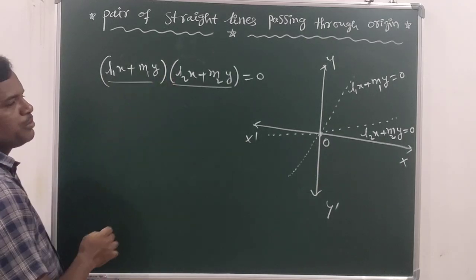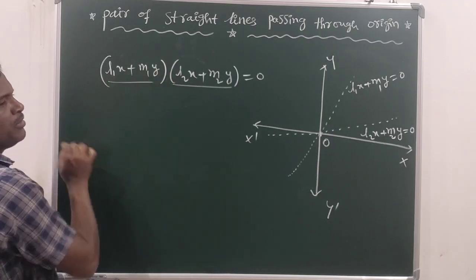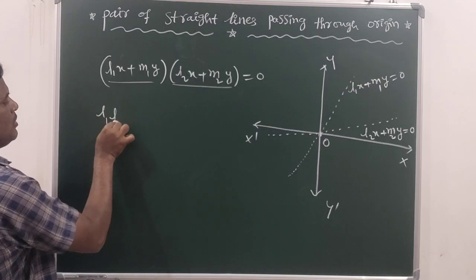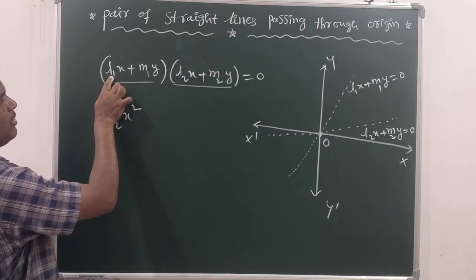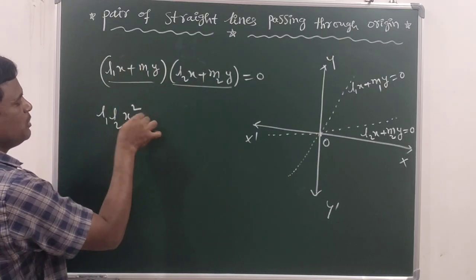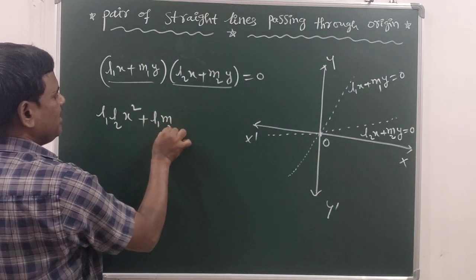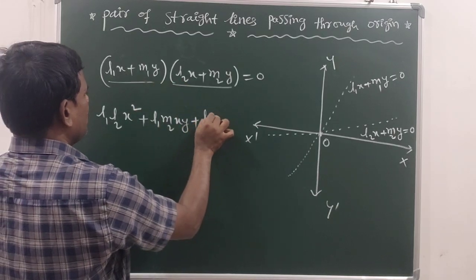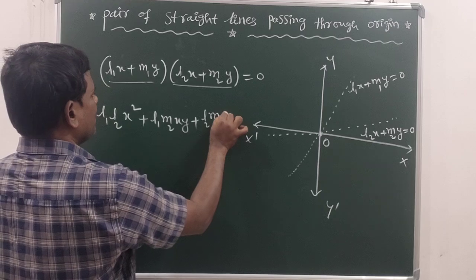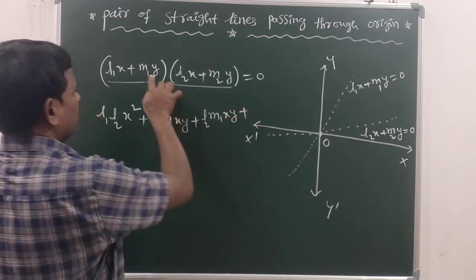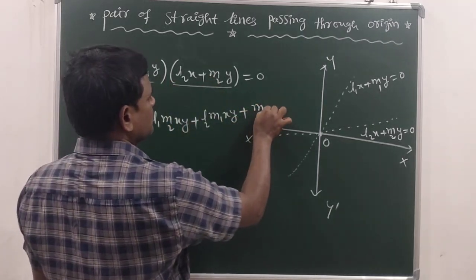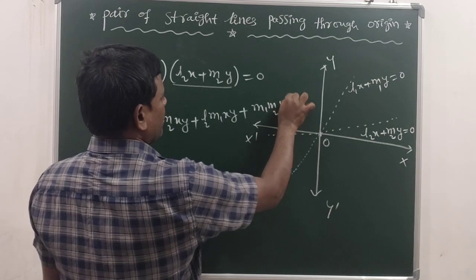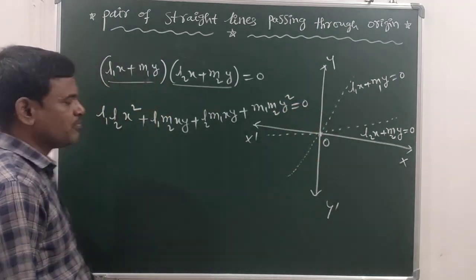So take the product. L1 into L2, x square you will get. Now multiply this with this so that you will get L1 M2 xy, plus the product of these two, L2 M1 xy, plus the product of these two, M1 M2 y square equal to 0.